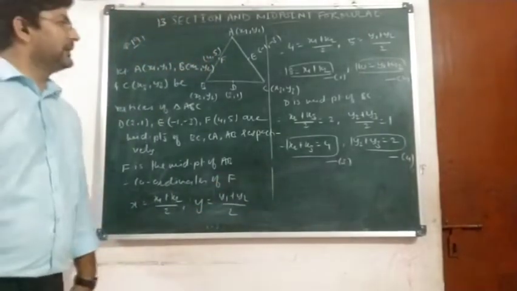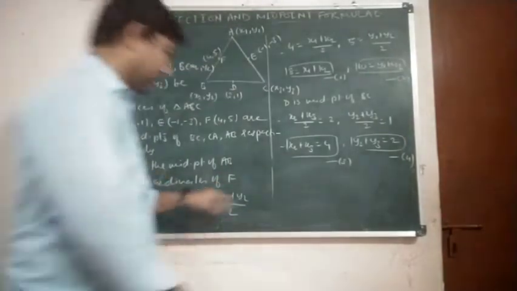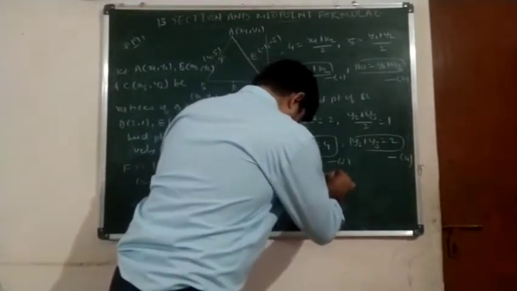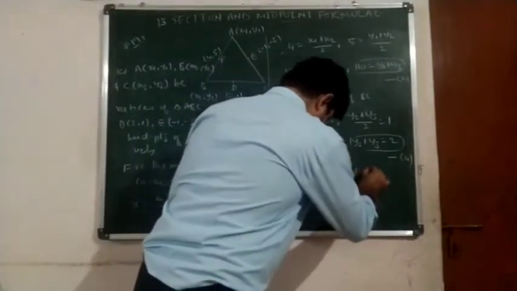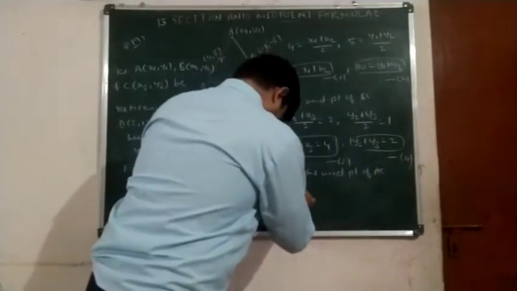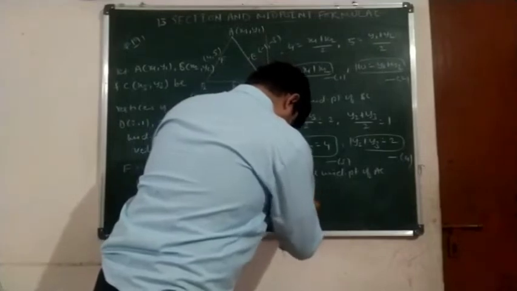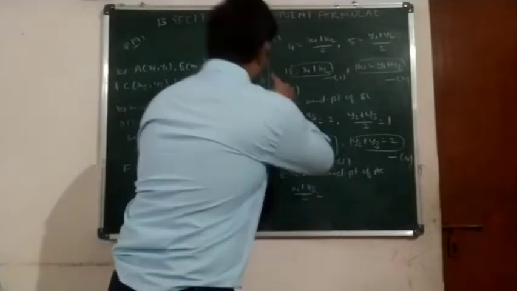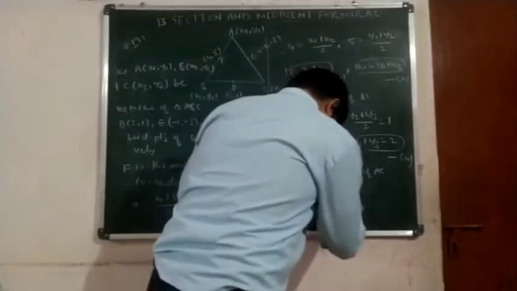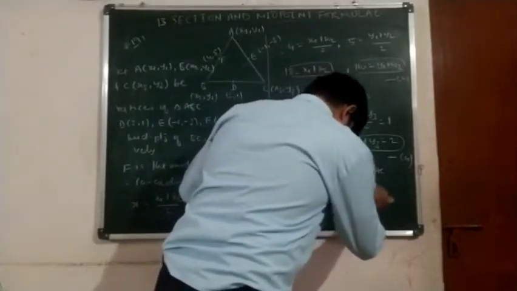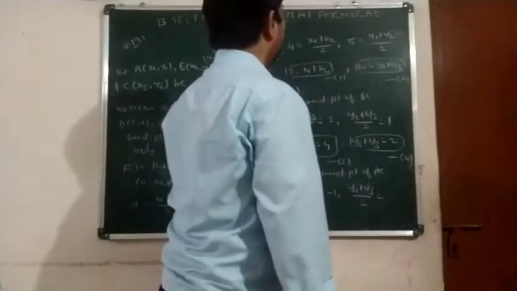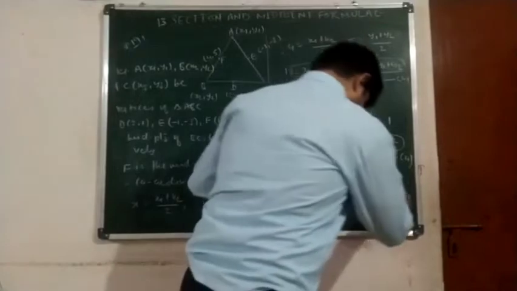Okay, similarly E is the midpoint of AC, and therefore (x1 plus x3)/2 is equal to the x coordinate of E, which is minus 1, and (y1 plus y3)/2 will be equal to minus 3.